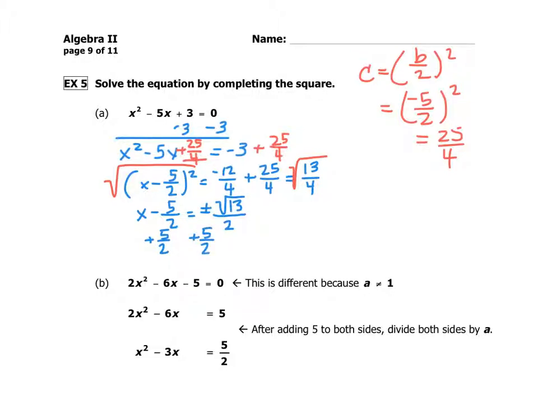And this is convenient because we actually have a common denominator. So x equals 5 over 2 plus or minus the square root of 13 over 2. Another way to write this is 5 plus or minus the square root of 13 all over 2.